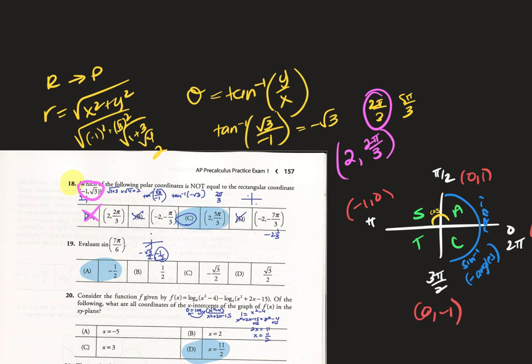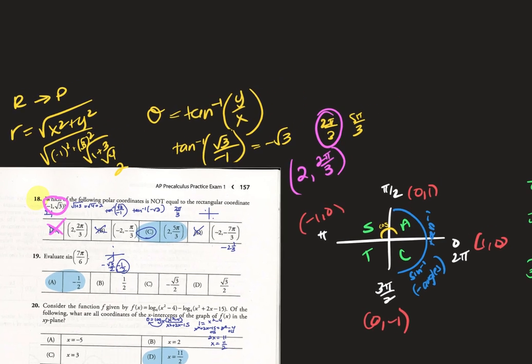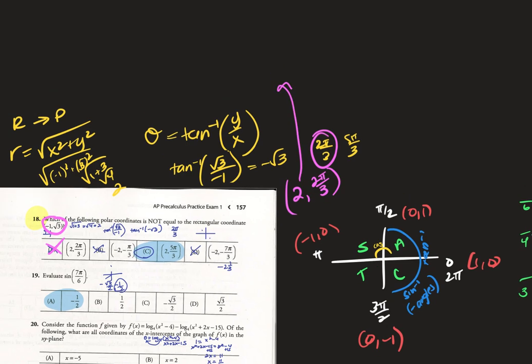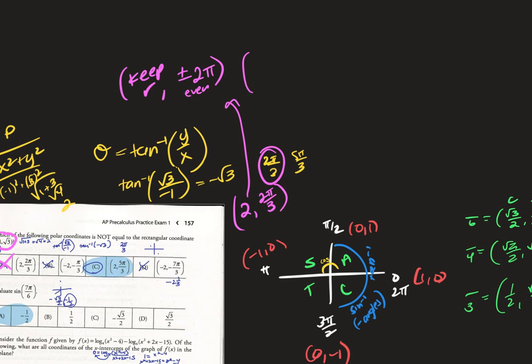So the other way, if you remember how we find additional representations of a polar coordinate, you have 2 choices. You keep the r, and you add and subtract even multiples of pi, or 2 pi to start with, but you could also add 4 pi, 6 pi, and so on. Or you change the sign on the r, and you add and subtract odd multiples of pi, and we start with pi.